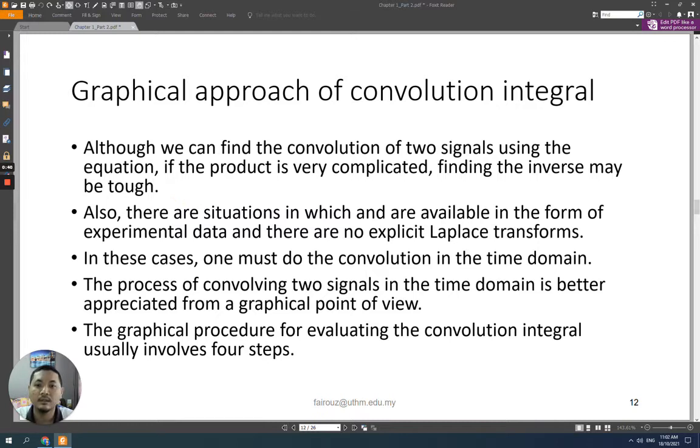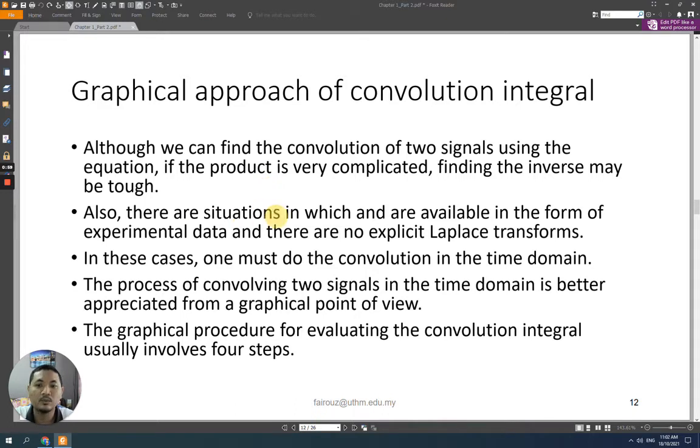When we do the inverse Laplace transform to go from the frequency domain, the S domain, to the time domain, it will be very difficult in certain examples, under certain conditions.